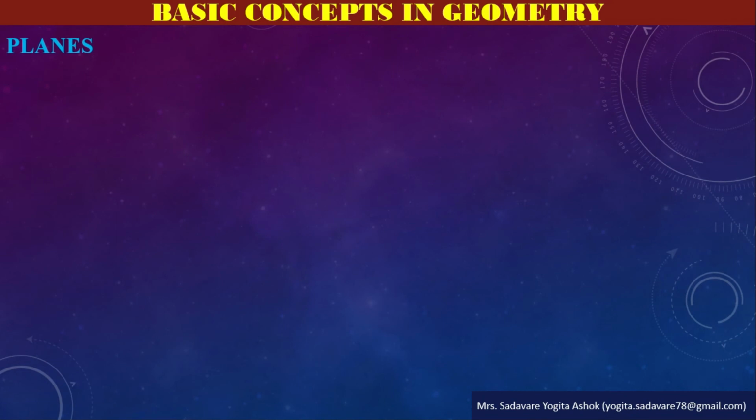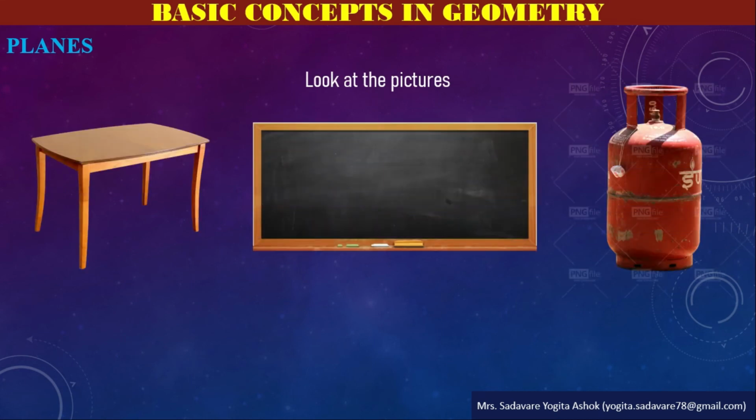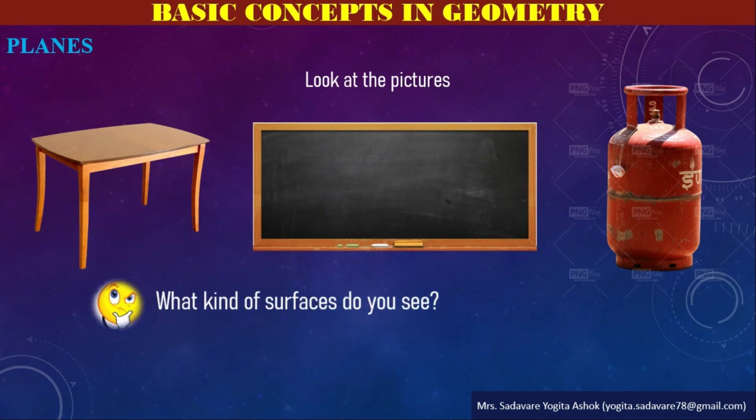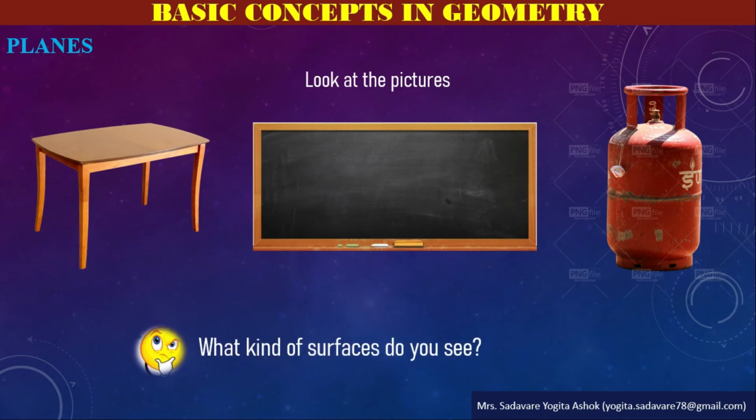Here we see planes. Look at the pictures. What kind of surfaces do you see? This is a flat surface and this is also a flat surface. Here is a curved surface.